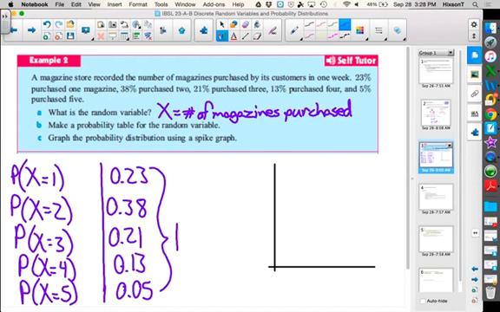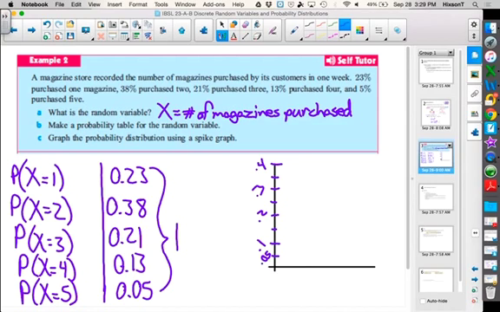So, here we look at it, the highest it goes is 38%. So I'm going to make the top here be a 0.4, and I'm going to go up by 0.05 each time. So let's see, that'll be 0.2, here's a 0.3, here's a 0.1, here's a 0.05, and there's the halves there as well, okay?